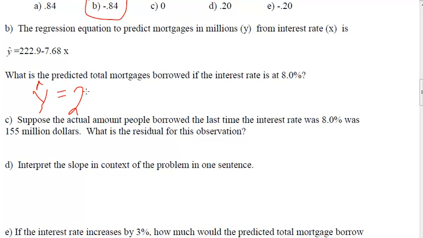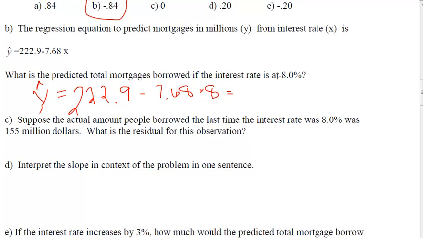So we have 2.9. I'm not sure why that first 2 is so big, but minus 7.68 times our value for x, so times 8.